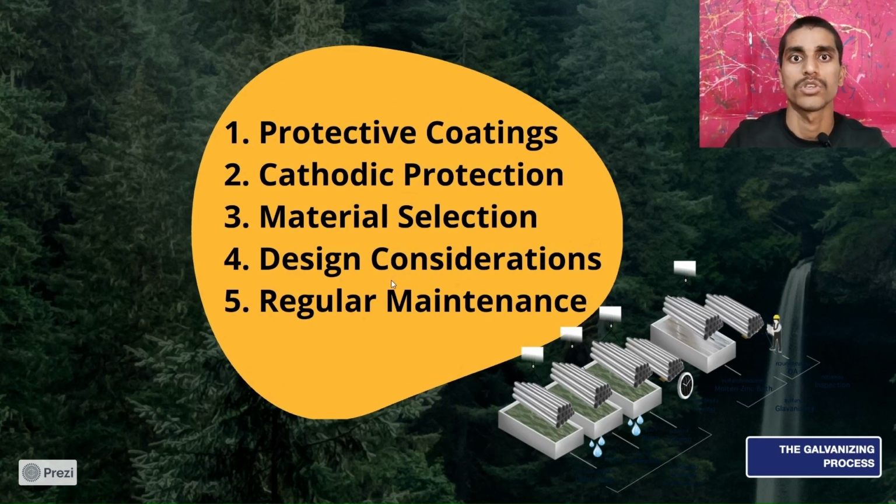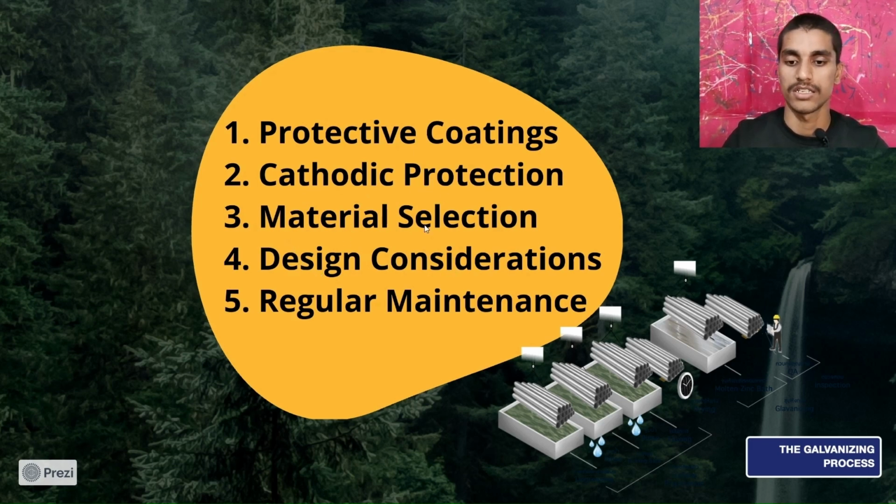Now we are going to the third slide: how to control corrosion and prevent our metals from corrosion. There are commonly five methods. The first one is protective coating, like the galvanization process. The second one is cathodic protection.